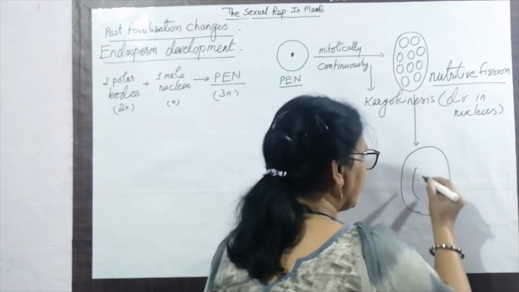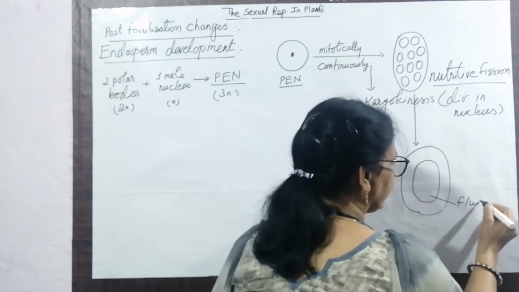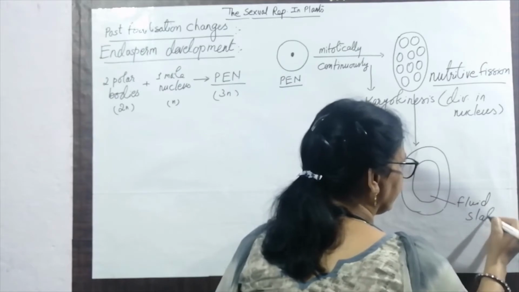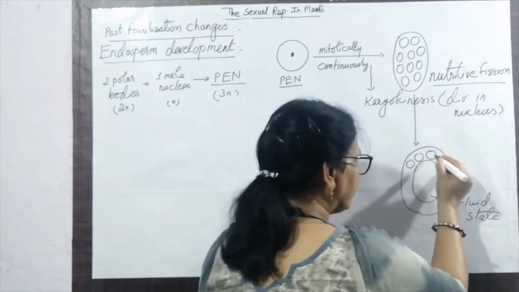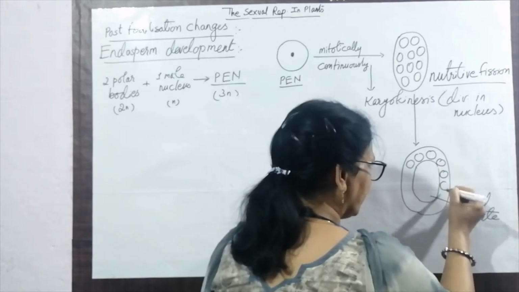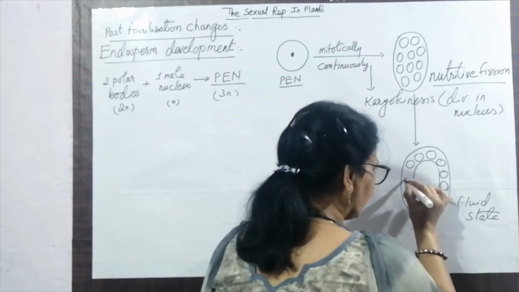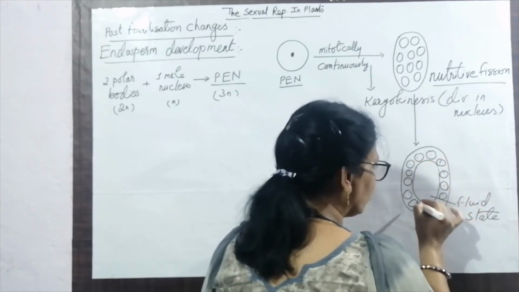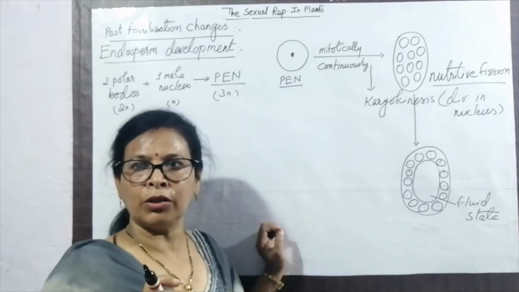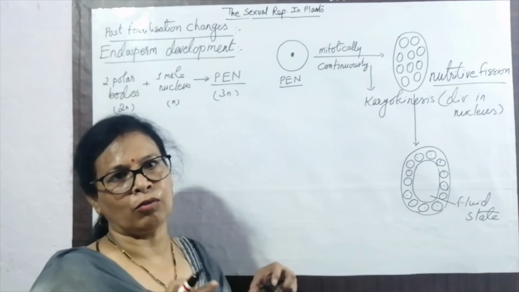This is our central part, which is in a fluid state, but the outermost part is covered by cell membrane or cell wall. The cytoplasmic division goes on here, and due to it the cell wall encloses the nuclei.